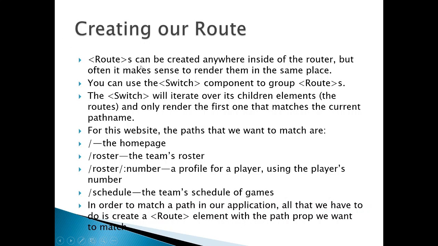In another case, we can do multi-level switching. Like in our example, we have provided slash roster and a team roster, but if a specific link is called slash roster slash number, we can handle it in our roster component.